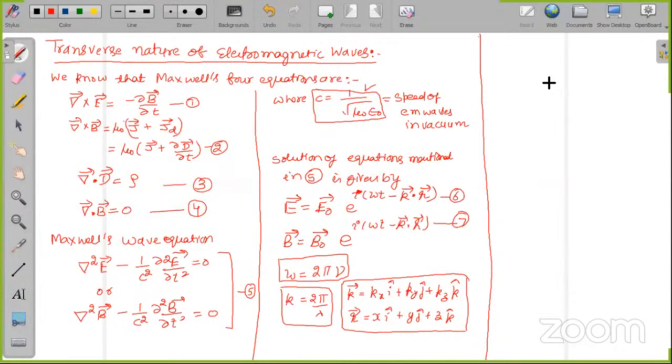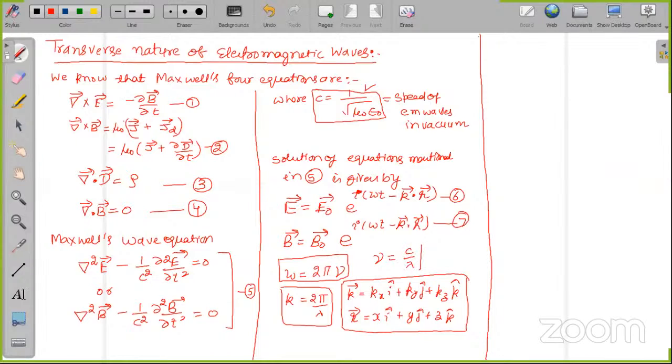K is constant here. I have given the value of K. K is called the propagation constant. You know this, it is 2 pi by lambda, and lambda is the wavelength of the electromagnetic wave. You can use this also: nu is equal to c by lambda.